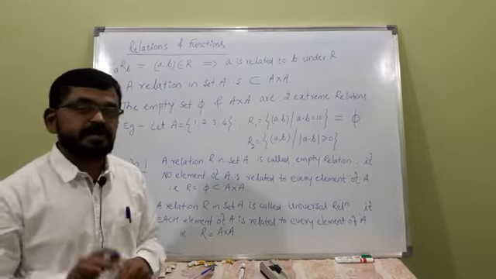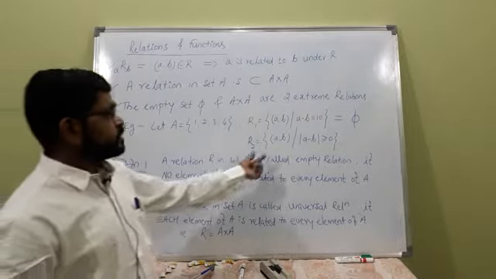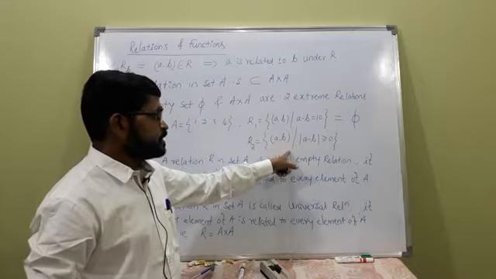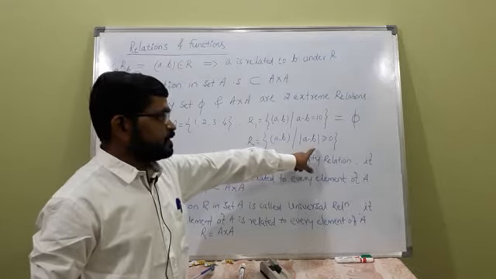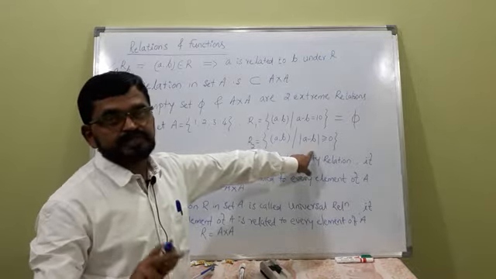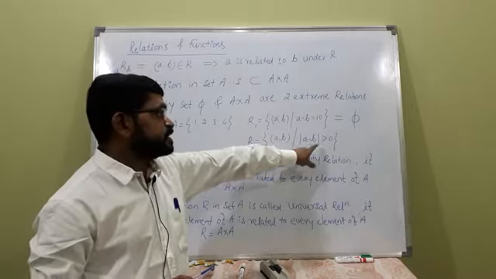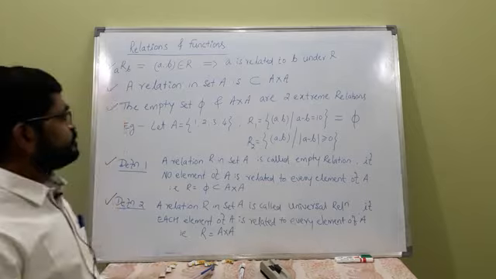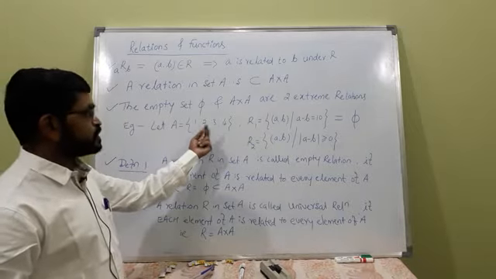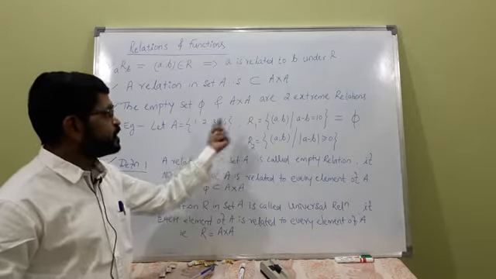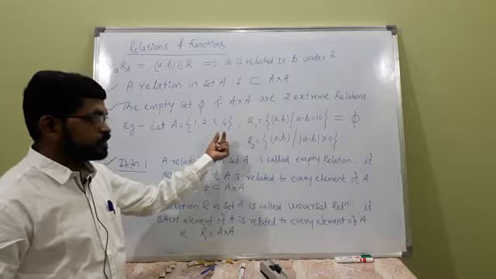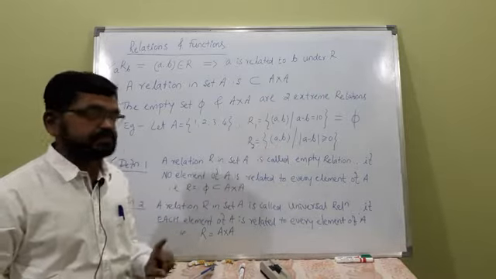Suppose you define another relation, the set of all (a, b) such that modulus of a minus b is greater than or equal to 0. See, if you take any two numbers, say 2 and 4, 2 minus 4 is minus 2, under modulus that is plus 2.